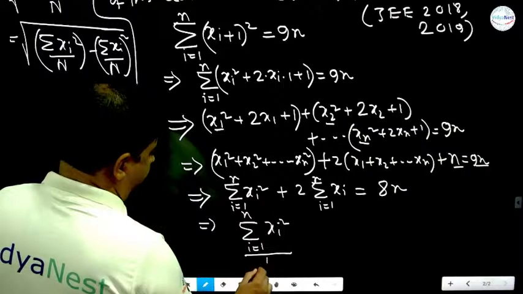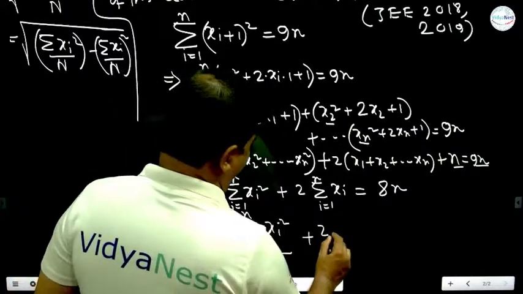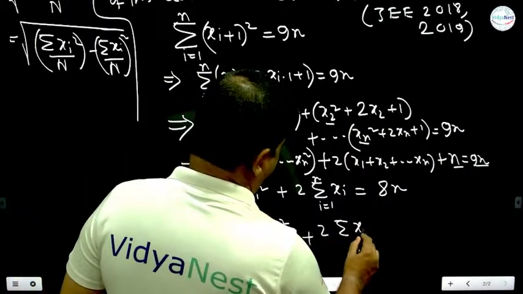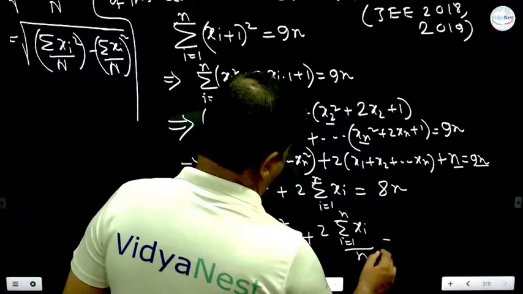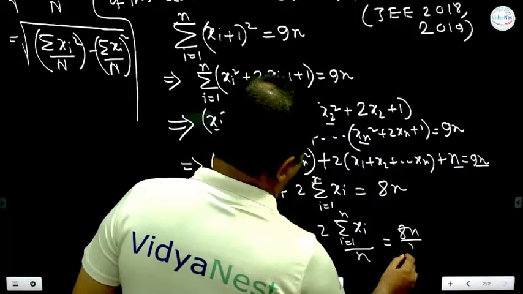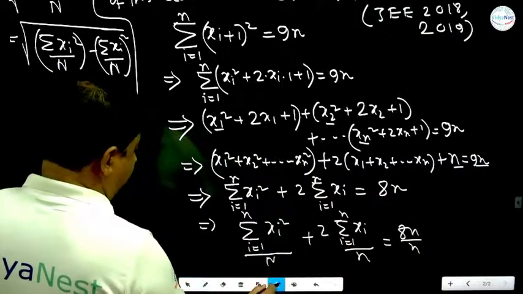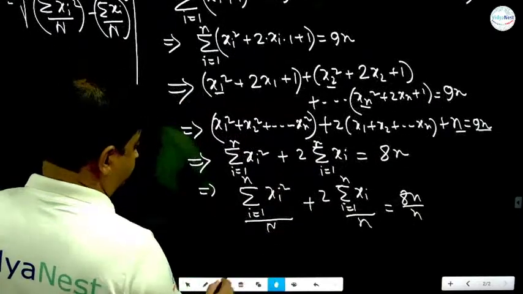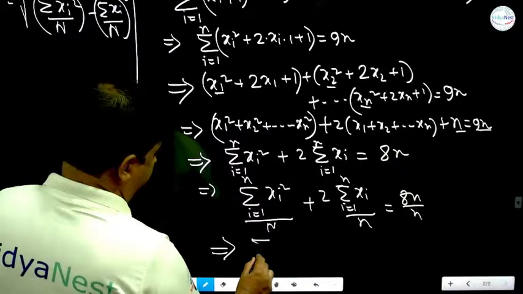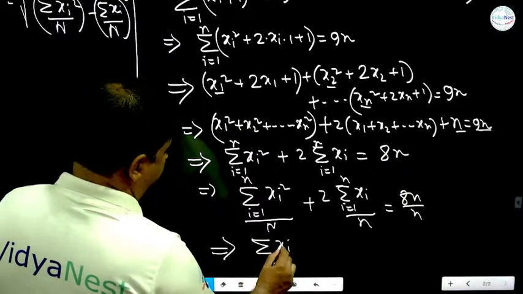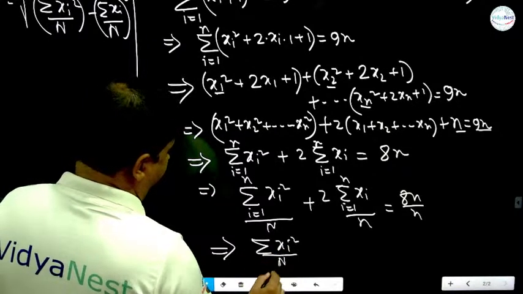By n twice is equal to 8n by n. That will give you what? Summation of xi square by n.